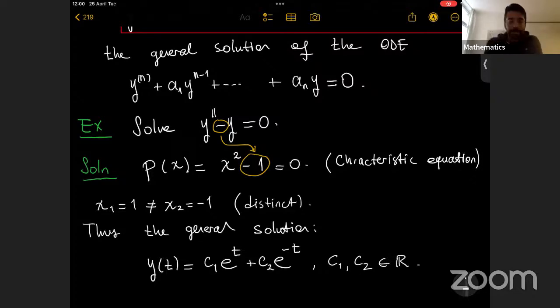All right. So you see here, we don't need to deal with the systems. We get the idea of the system, but in practice, we don't use the methods of systems when we solve higher order differential equations.